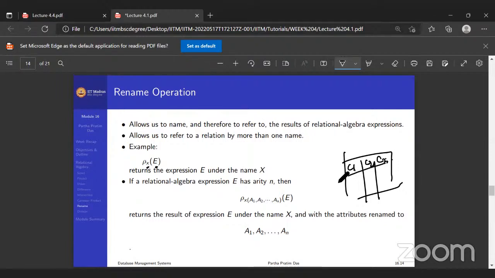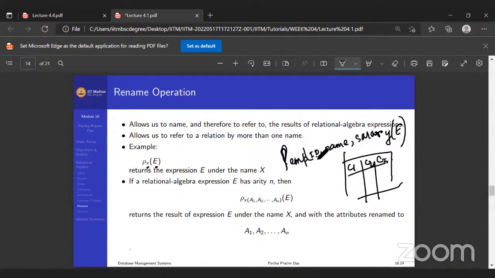And if you want to rename them, suppose you want to give EMP, then write ID, name, salary from the expression.